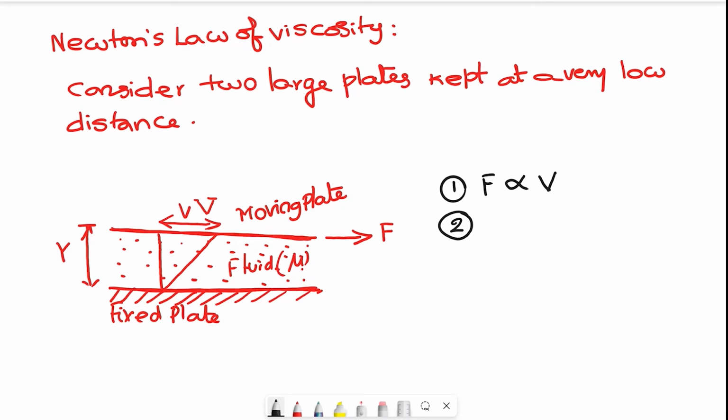The second observation is that this force is proportional to the area of the moving plate, because you know that shear stress tau is equal to force by area. Stress multiplied by area will give you force. That means the more the surface area, the more the force.